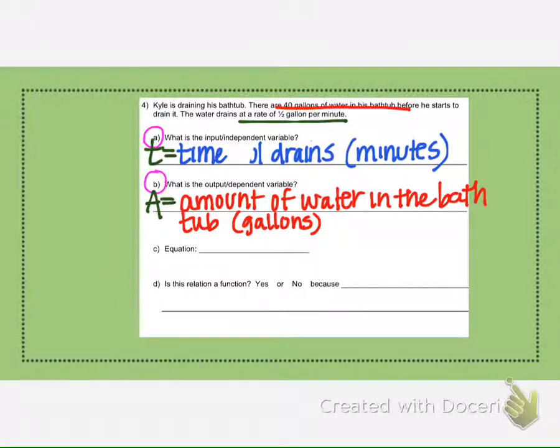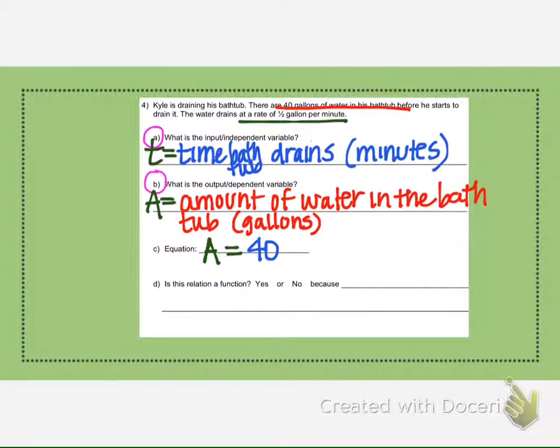I had pool here, but it is a bathtub. Okay, so the amount of time is the independent variable, so the amount of water should be first and then the equal sign. And there is 40 gallons of water in the bathtub.